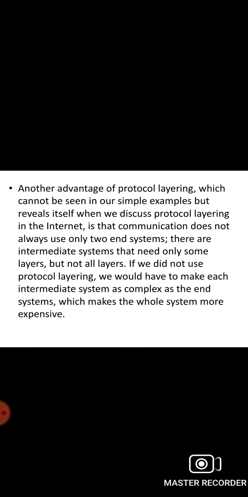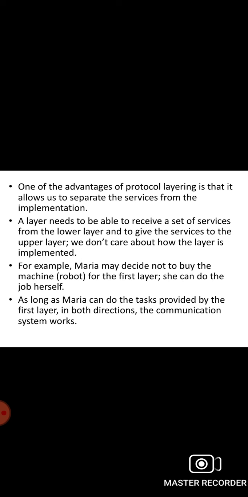There are intermediate systems that need only some layers but not all layers. If we didn't use protocol layering, we would have to make each intermediate system as complex as the end systems, which makes the whole system more expensive. So this is one more advantage of layering the protocol.